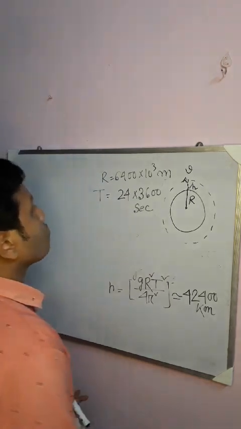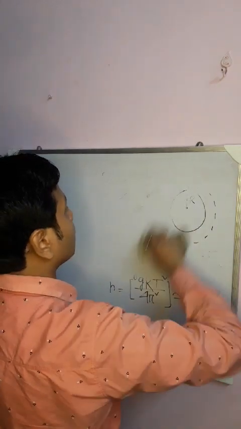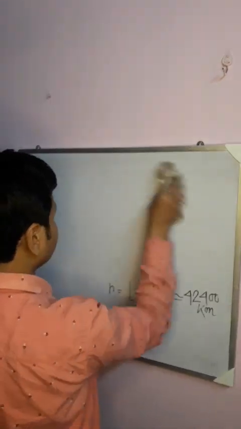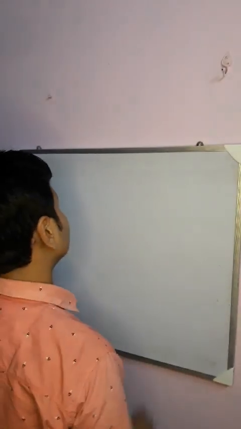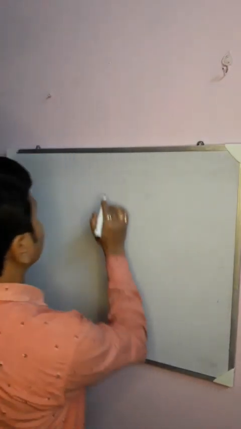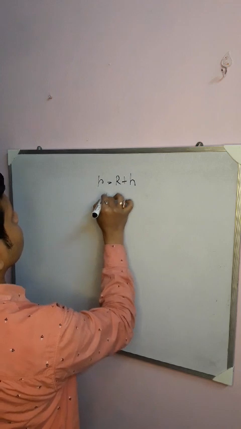With the help of this value of r, we can easily find out the height at which the geostationary satellite must be placed so that it can work properly. This is a very important question. Now we all know that r is simply R plus h. So what will be the h?